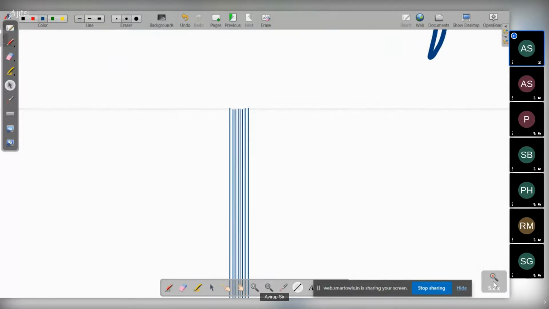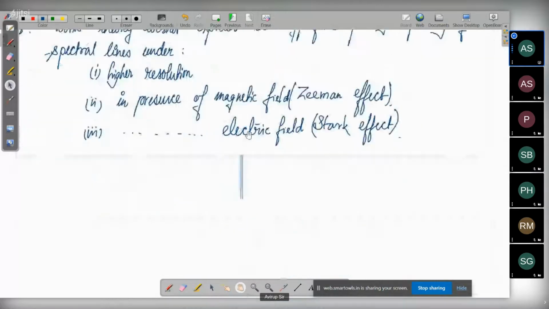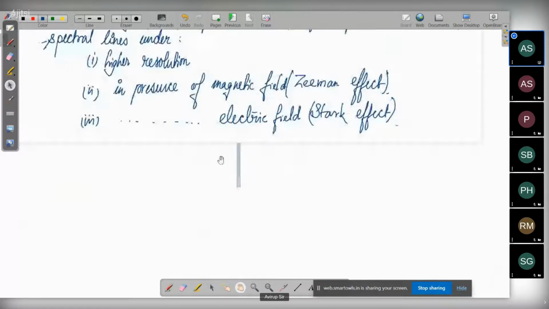Okay. So now when you see this line, it appears to be a single line. So Bohr actually observed this to be a single line. But then as more and more technology progressed, what happened? If you remember the previous days' phone camera, it was hardly 5 megapixel, 10 megapixel.